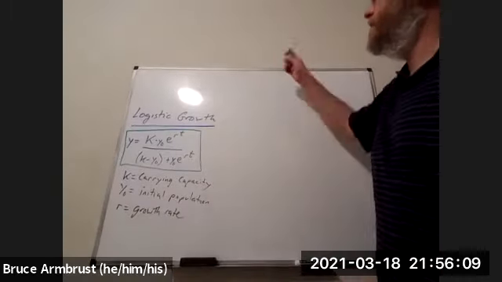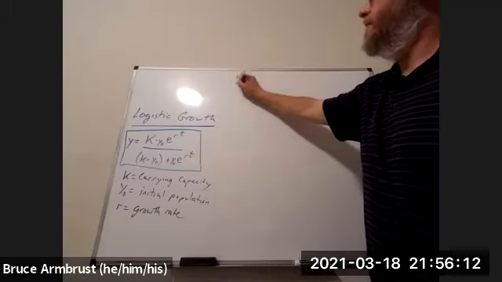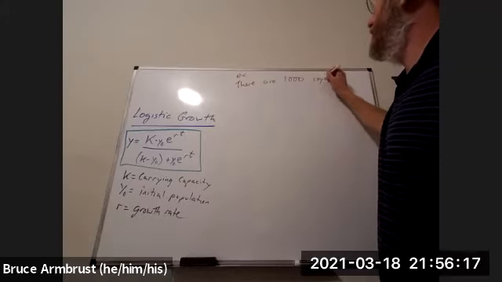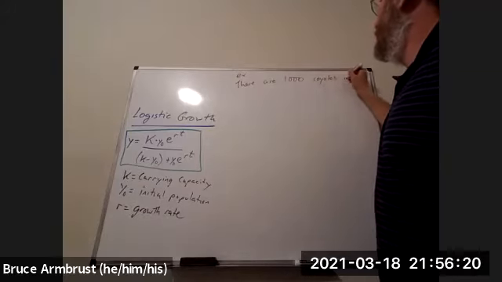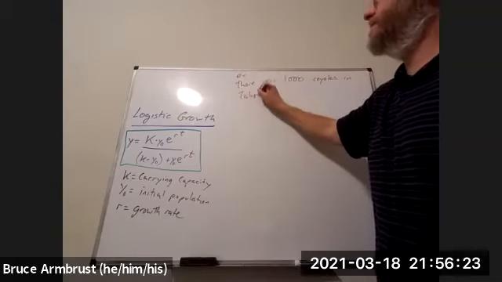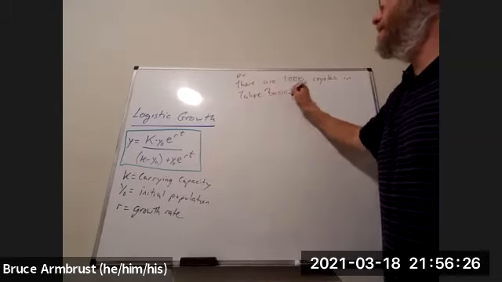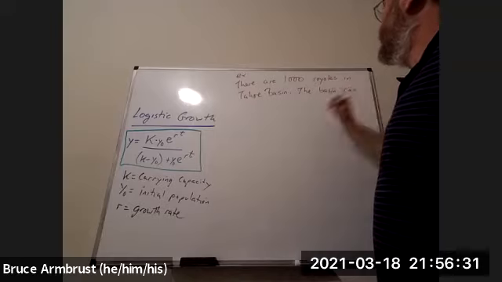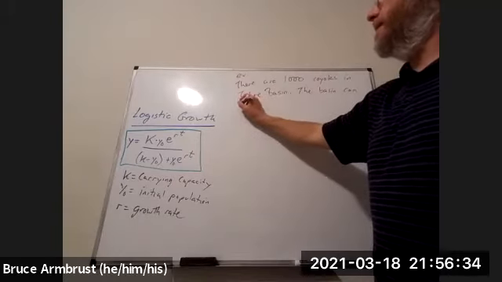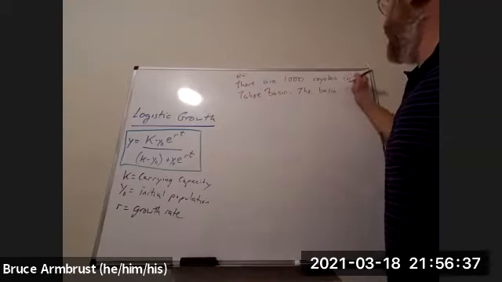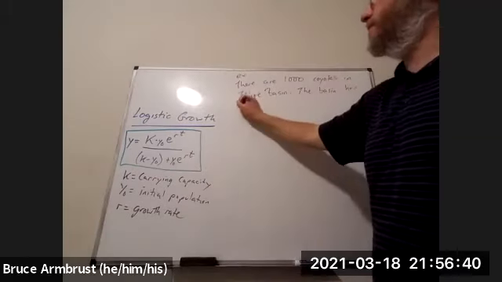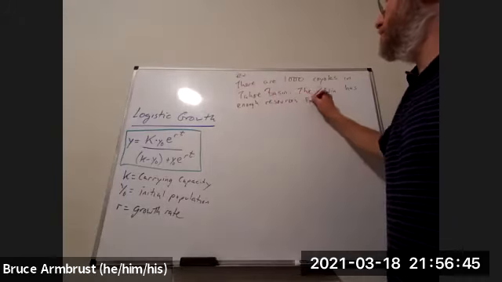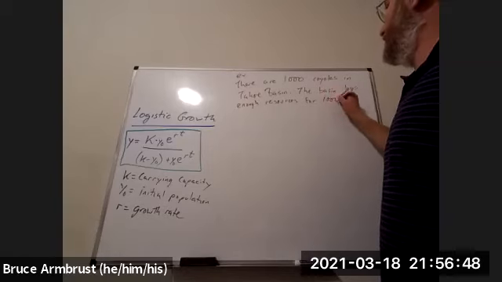All right, so here's our example. There are 1,000 coyotes in the Tahoe Basin. All right, so the basin, or how about, the basin has enough resources for 10,000.